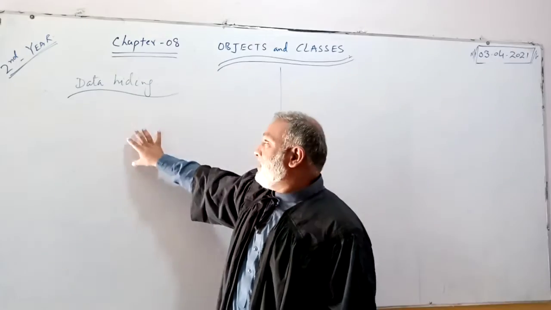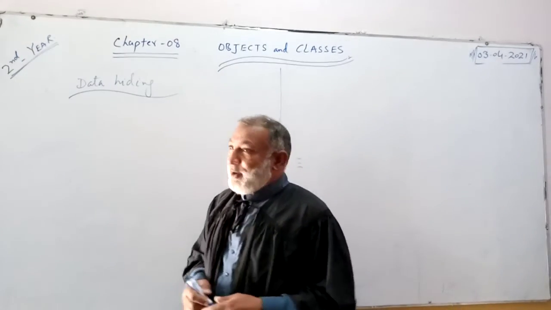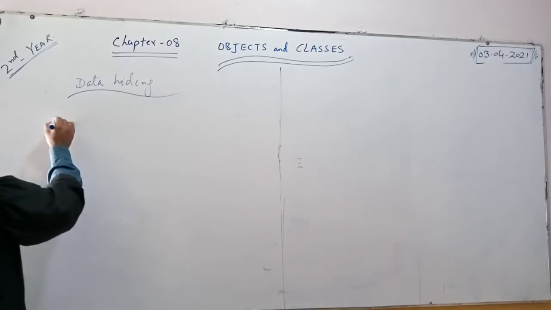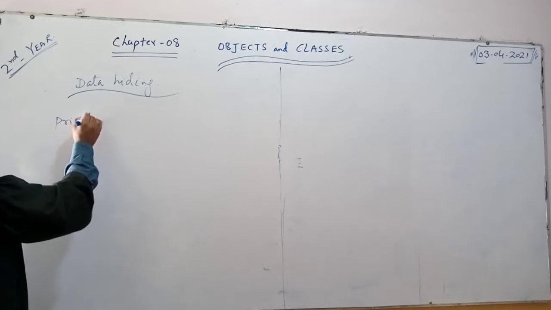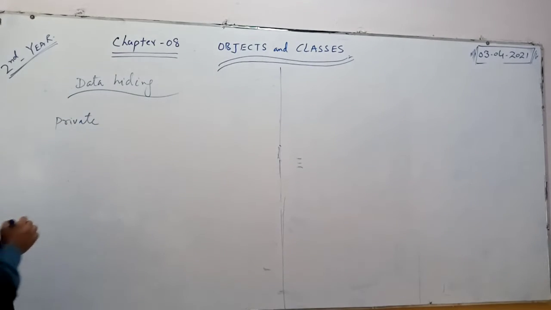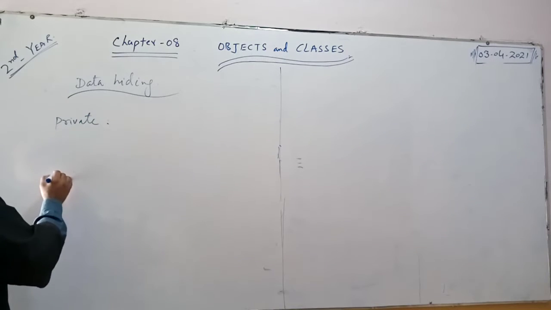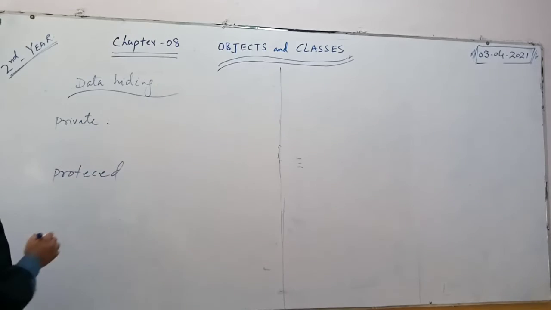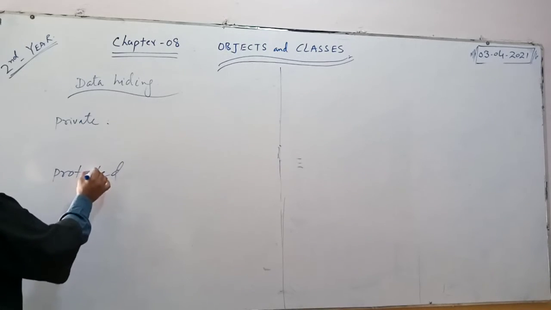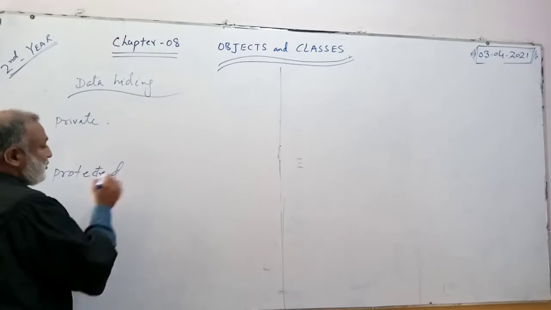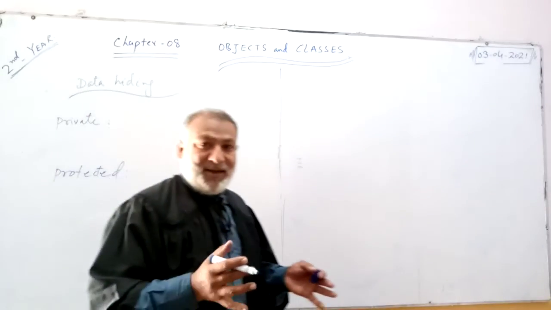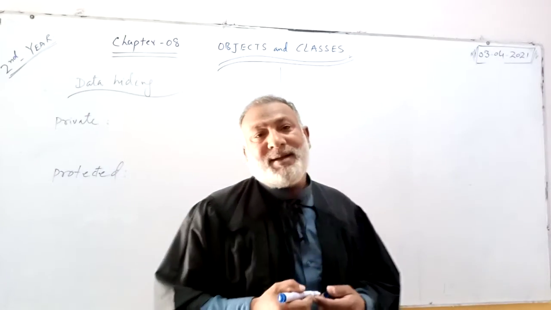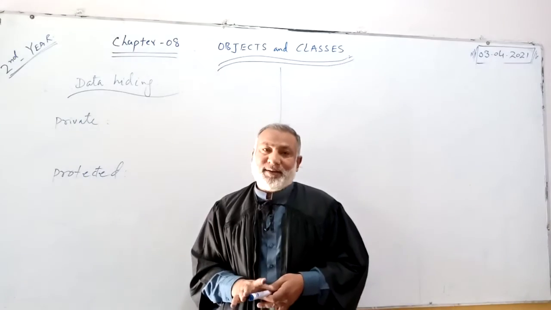But in C++, what is data hiding when you are using the private or the protected access specifier? The data becomes locked, it becomes hidden from the other functions and other classes.